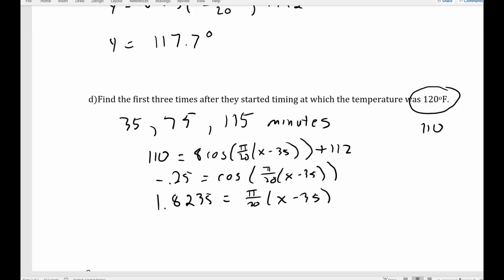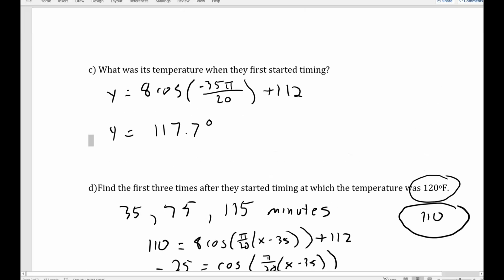So then I would multiply that by 20 and divide by pi. That gives me 11.6, and then I would add 35 to it. So I end up with x approximately equal to 46.6. That's 46.6 minutes, one of the times that the temperature is 110.